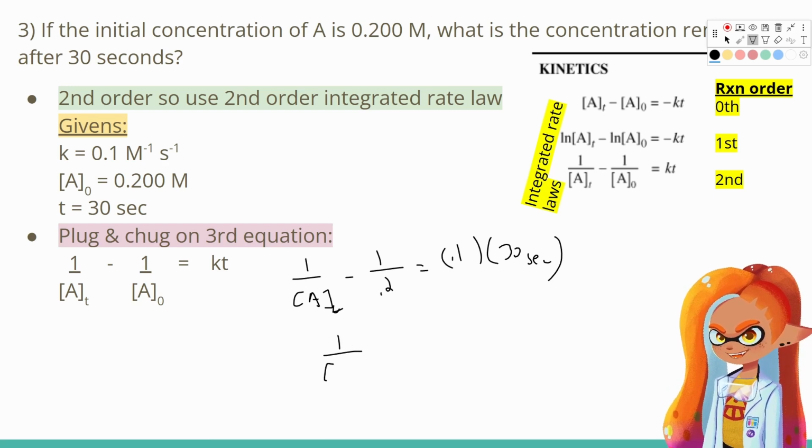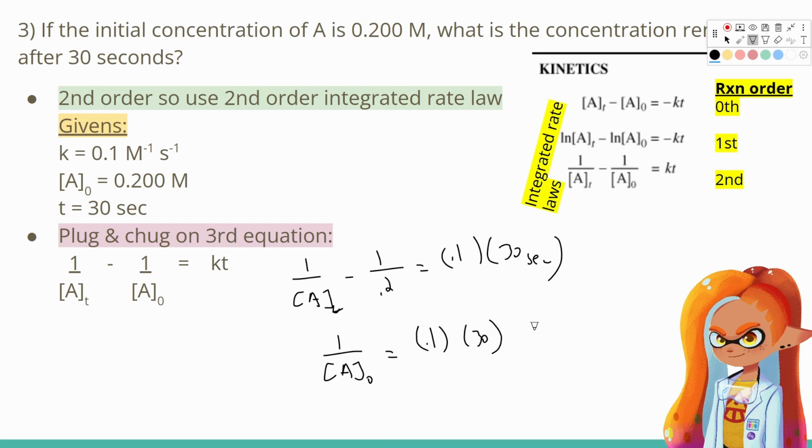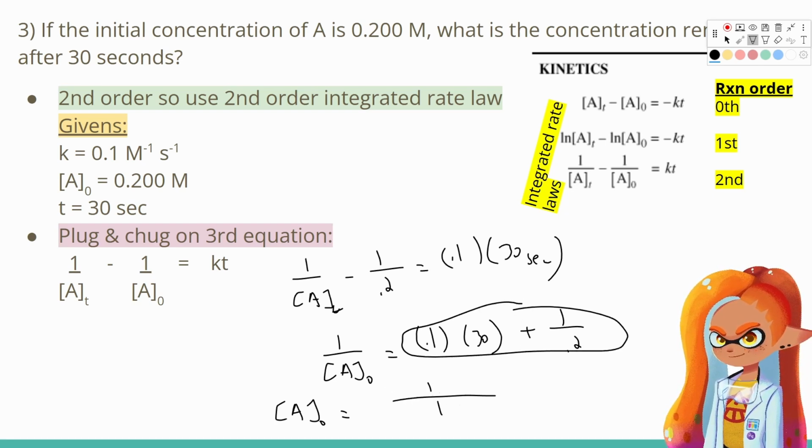So 1 divided by [A]_0 equals 0.1 times 30 plus 1 divided by 0.2. And then you want to do reciprocal stuff, so you can inverse everything. So that equals 1 divided by whatever this answer is on a calculator, you put it down there. And then 1 divided by that answer gives you your answer for initial concentration.